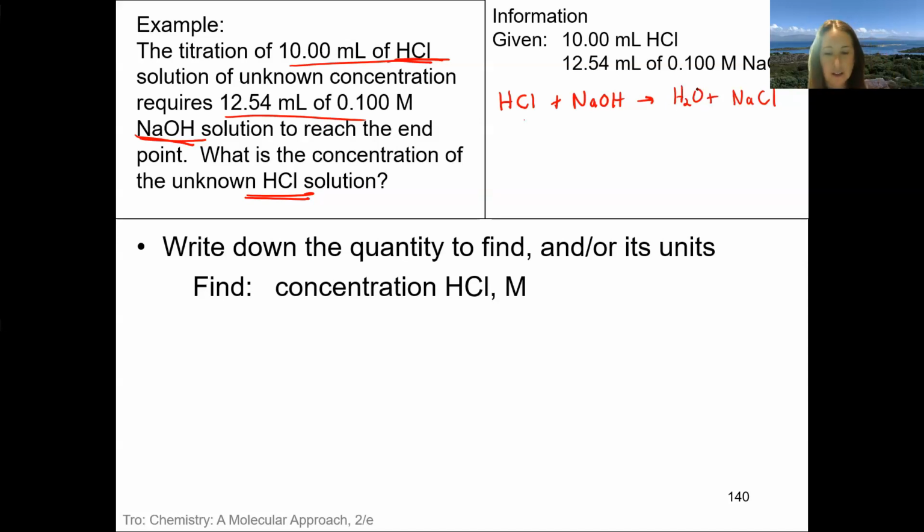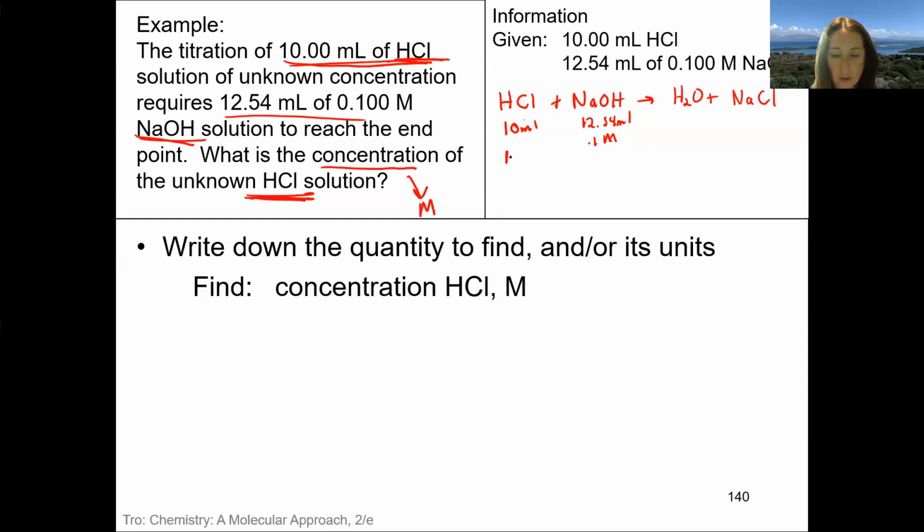So now let's look. What do we have? So we have 10 milliliters of this, right? 10 milliliters of HCl. And then we have 12.54 milliliters of a 0.1 molar solution NaOH. What is the concentration? Remember, concentration means molarity.